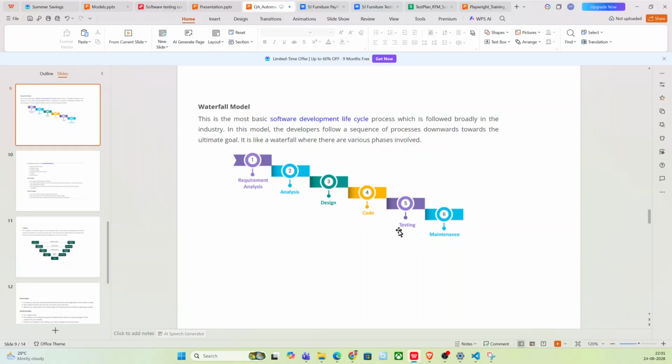Then they start preparing the test strategy, then the test plan documentation with proper manual test cases. By this time implementation is also completed, so they start executing the test cases they have written.